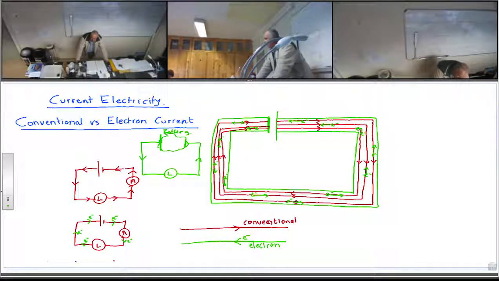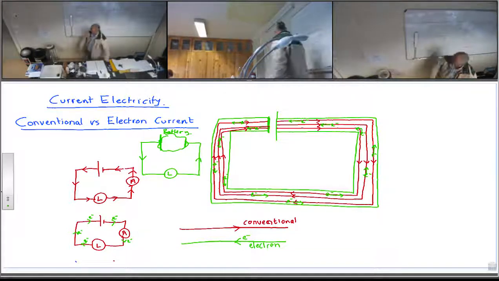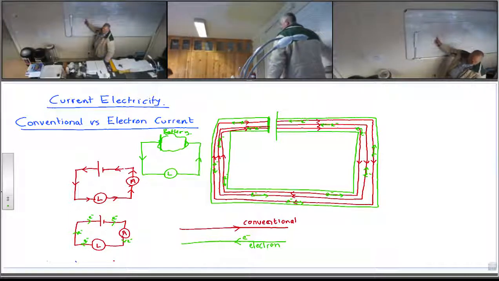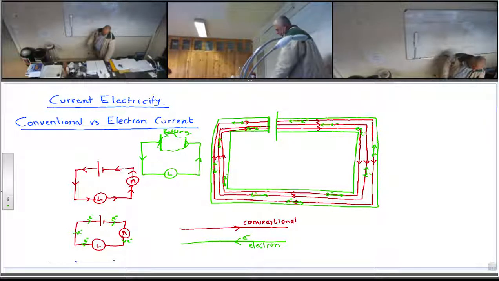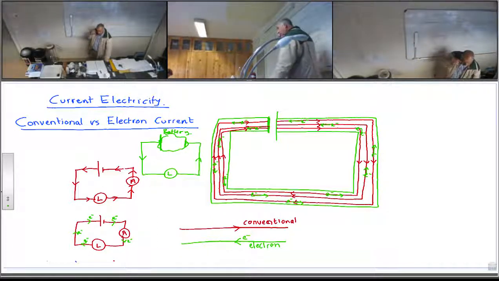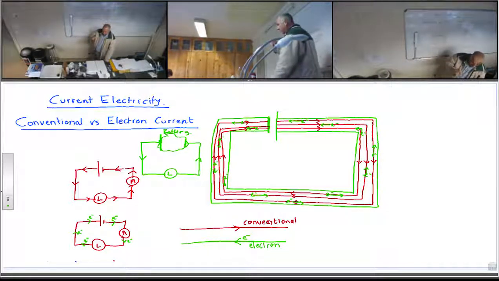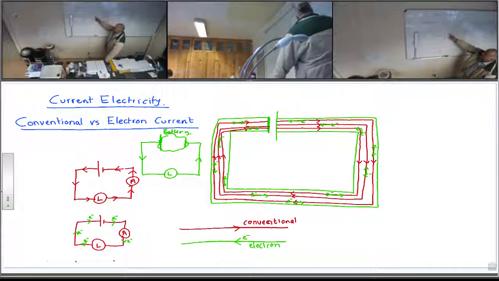It's theoretical only. It involves the flow of imaginary positive particles from the positive terminal around the circuit and into the negative terminal. And it's indicated just with an arrow on its own. Just like I showed there, just an arrow, nothing else.